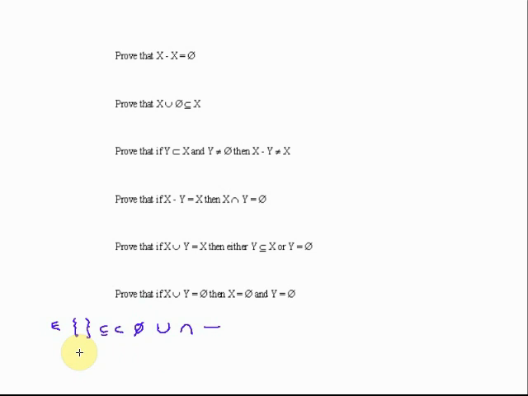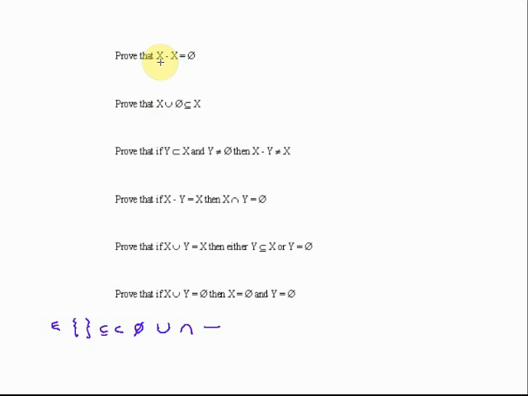Now, on the basis of those understandings and definitions, we are asked to prove certain propositions, and there are 6 of them on this page, and let's just go through them in order.